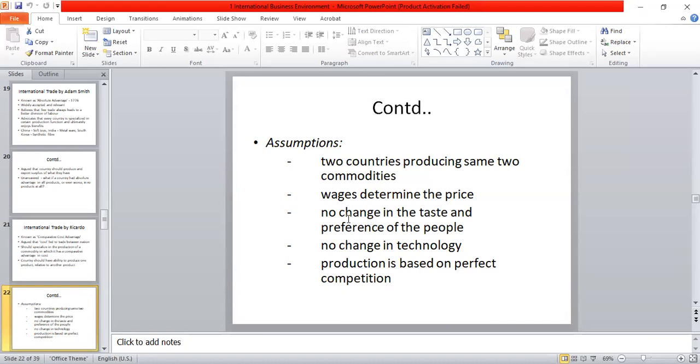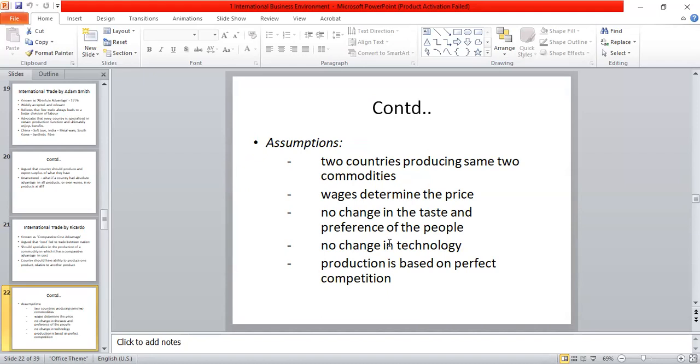And the third assumption: no change in the taste and preference of the people. Taste will be as it is, preference is as it is. And there is no change in technology. Technology remains the same. One can criticize this assumption. How can technology be the same in two different countries? It is highly impossible, but since it is given in the assumption, we are considering it.